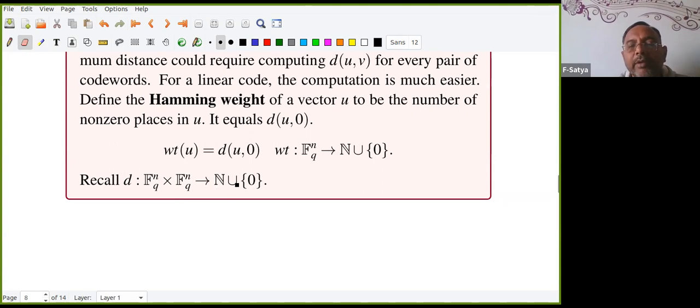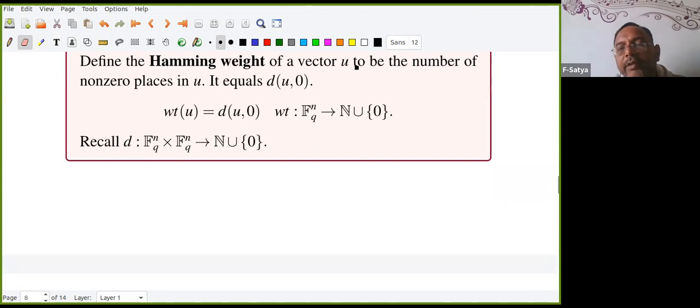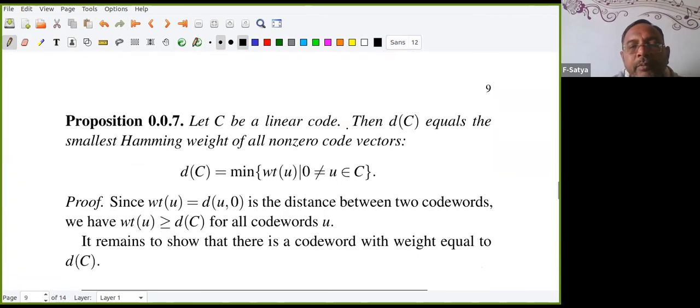But I put the natural numbers here also. We can restrict it. The maximum weight can be n only when you go to F_q^n, right? So in fact I can reduce this to 0, 1 up to n only. You understand that?